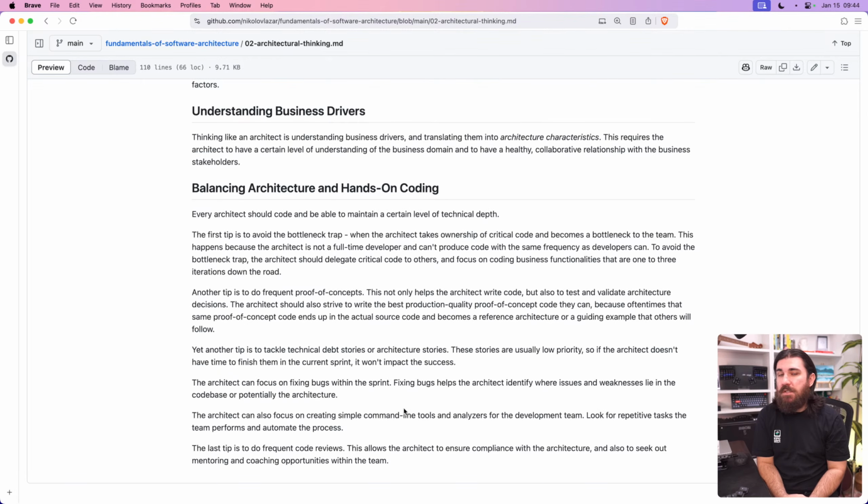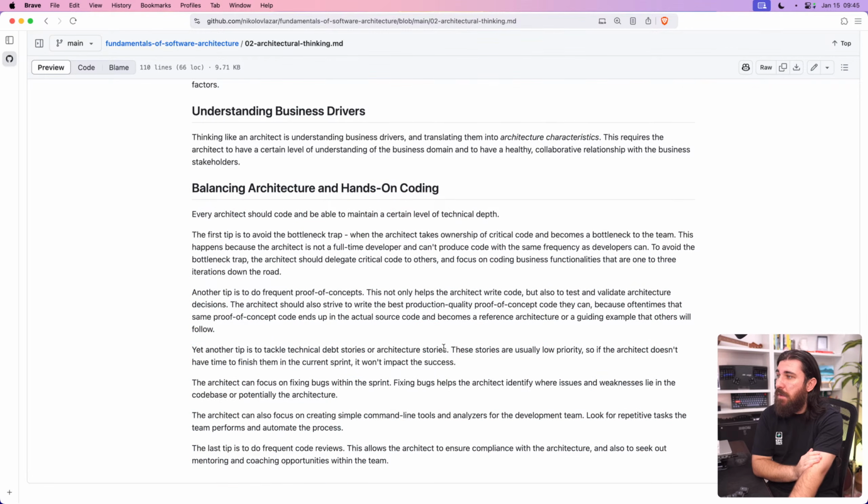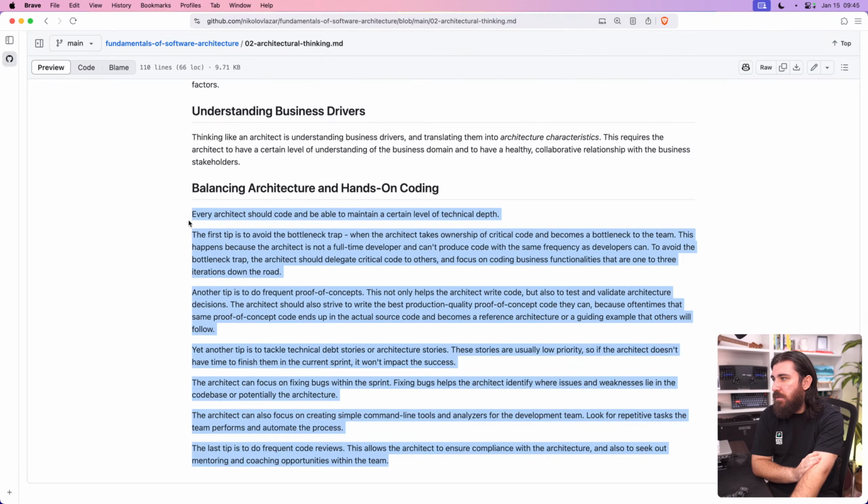So if there's an issue in implementing something that you decided to be implemented, doing code reviews, you're going to catch it and you're going to talk to the development team about why it can or can't be implemented and how you can make a compromise basically. So yeah, that's why it's important to balance architecture and hands-on coding, and how you can do that.